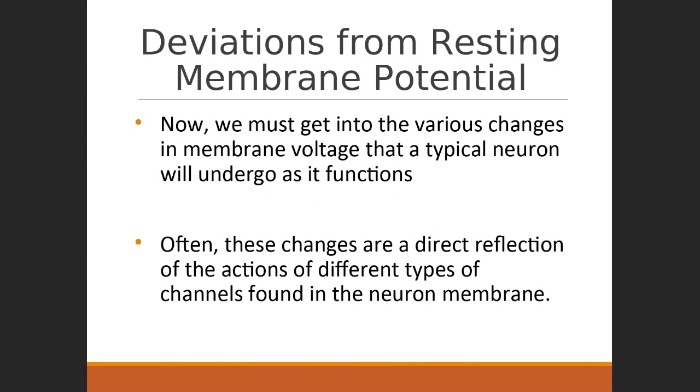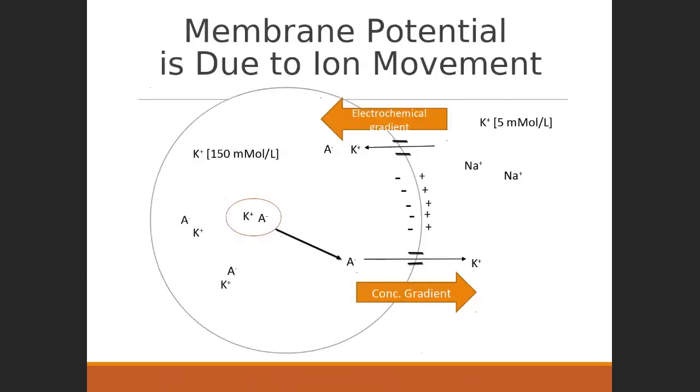We've got potassium leaking out and getting dragged back in along its electrochemical gradient. We've got all of those movements back and forth relative to where they started and where they finish. That gives us our minus 70 millivolts.